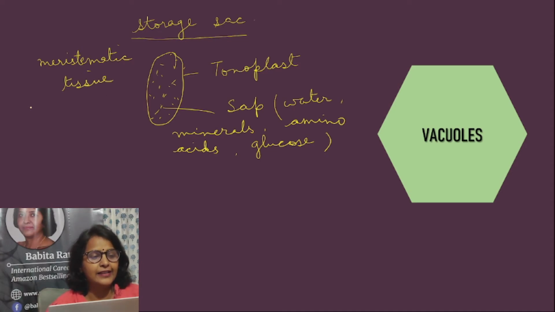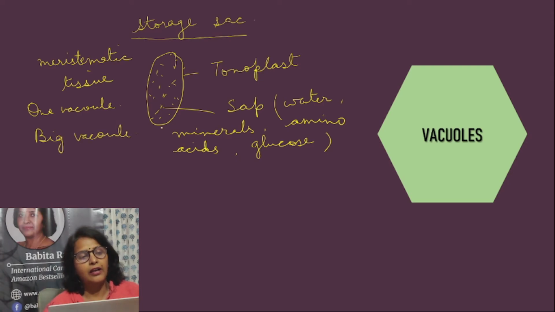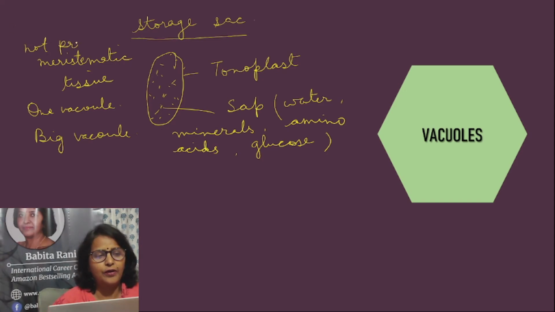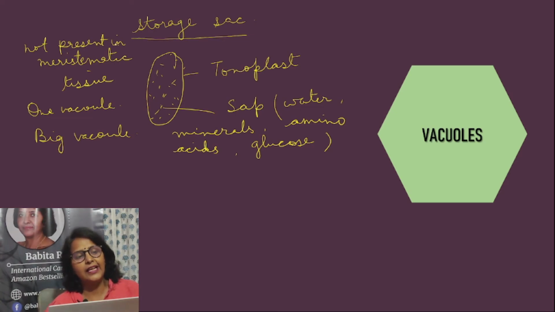In case of plant cells, there is only one vacuole, but the size is big.